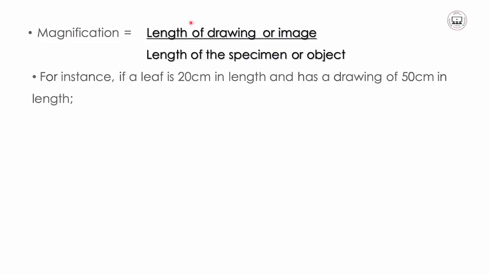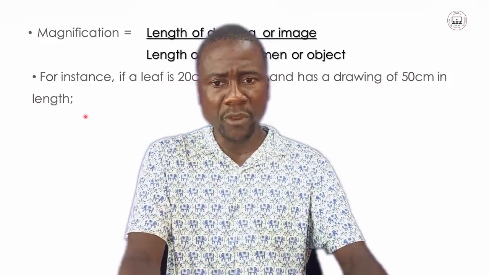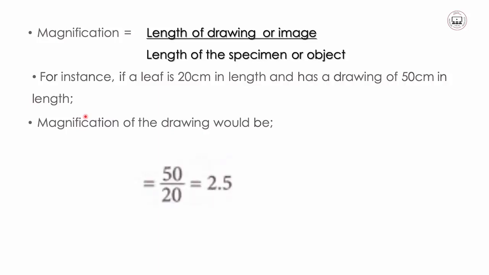Now, for instance, if a leaf is 20 centimeters in length and has a drawing of 50 centimeters in length, how could you calculate the magnification? So magnification of a drawing could be like this. You put the length of the drawing, which is 50, and divide by the length of the specimen or the object, which is 20.